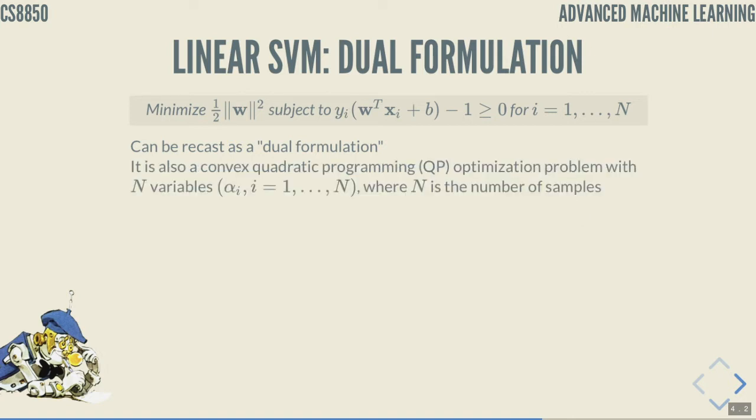Interestingly, the dual formulation is also a convex quadratic programming problem, a QP optimization, with now n variables, one per each data point. Let's recast it and then discuss it.